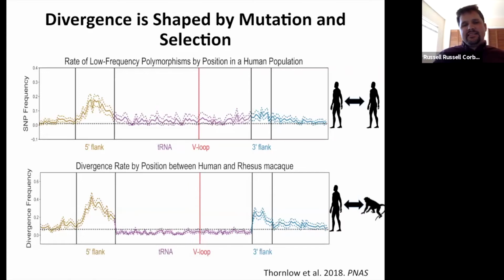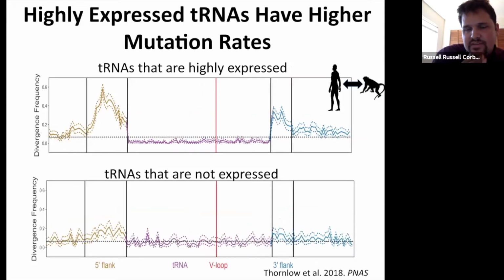So all of this is consistent with the idea that transcription-associated mutagenesis is the process driving mutation, but it doesn't really prove it. And so to do that, what we did was we took tRNA genes and subdivided them into two sets. It's the same kind of analysis again. We're again looking just at divergence, but on the top I'm showing you the tRNAs that are highly expressed. So they're in regions of active chromatin in basically every tissue. And on the bottom I'm showing you the tRNA genes that are not expressed, or at least we don't know of any evidence of expression in the human genome at all.